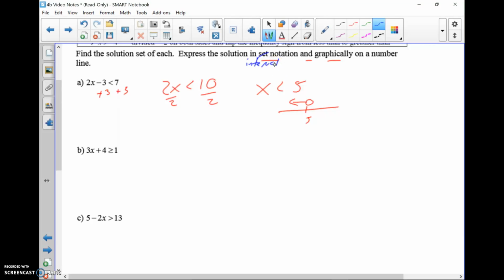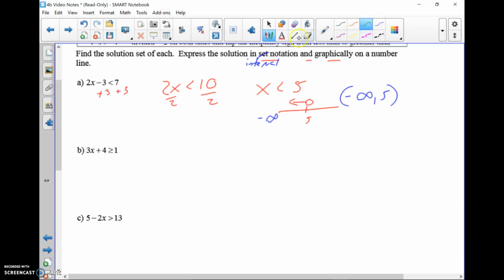So interval notation, we're going all the way down to negative infinity in this one. So it's going to be negative infinity and 5, and we have parentheses for both of them. Always have the parentheses for the infinities, but the 5, it's an open circle. It's not including the 5. That's why it's a parenthesis there.